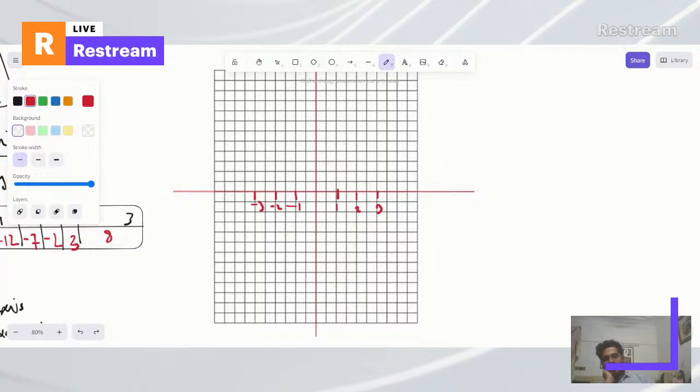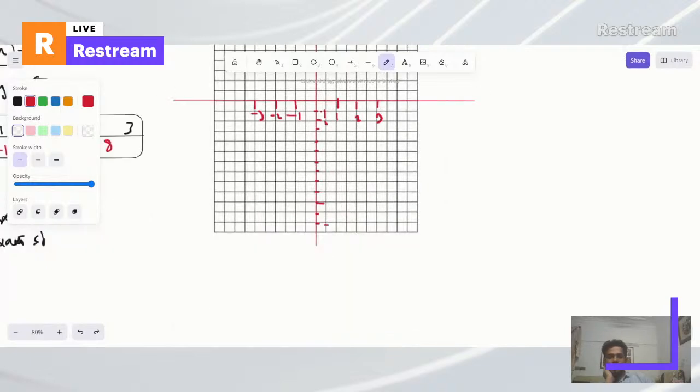And now on the y-axis, I'm going to do -1, -2, -3, 4, 5, 6, 7, 8, 9, 10, 11, 12, right?